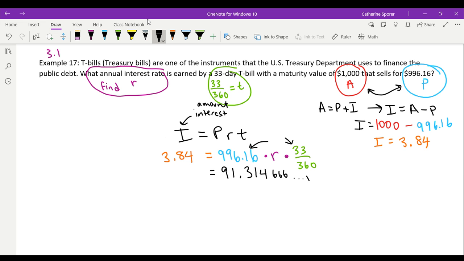Keep going. All of that times R equals 3.84. So then to solve for R, we would just divide by this 91 number. And I would keep it in your calculator so that you don't round too early.